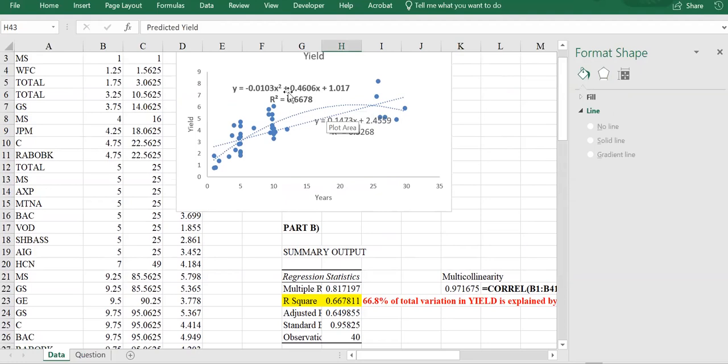Both of them are significant, and R squared has jumped from 52 to 66%, 67%. So I would definitely go with the quadratic model by making it a little more complicated, by adding one more variable that is significant. The R squared goes up by 14%.